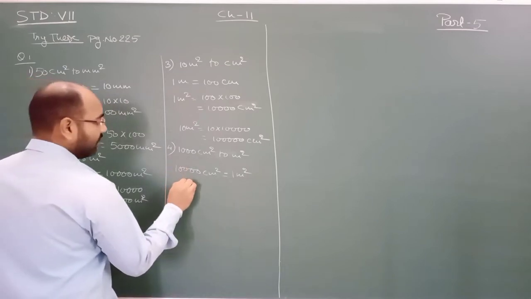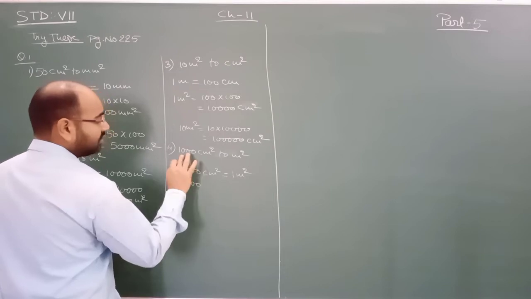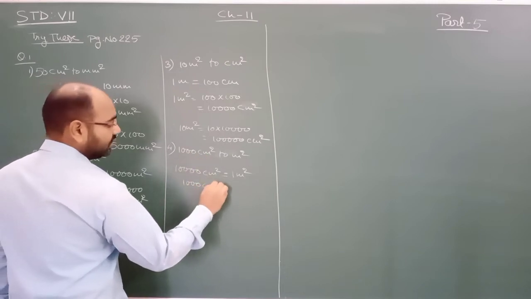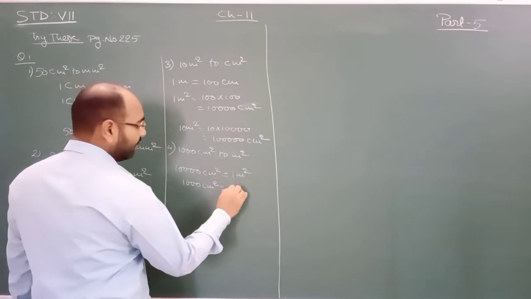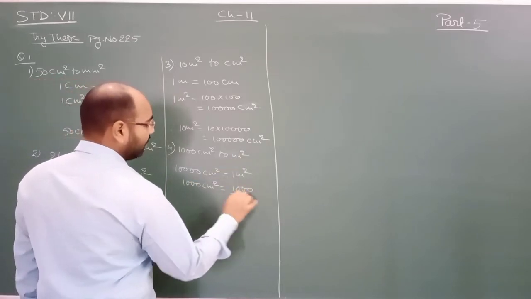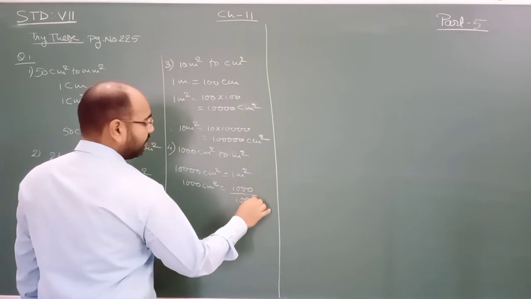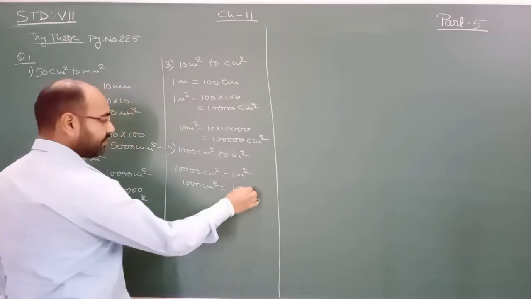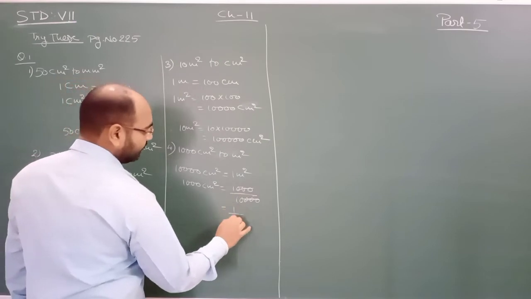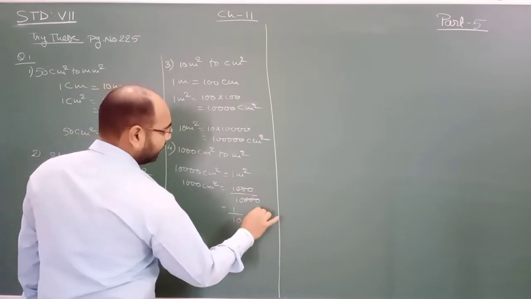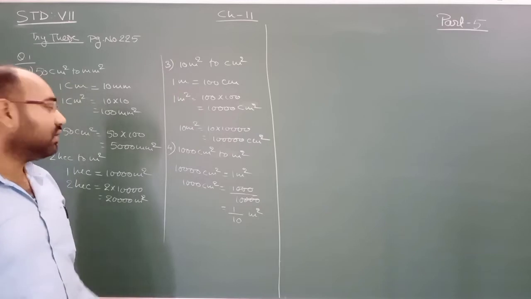So 1000, what is given in the question, centimeter square is equal to how much? So when we divide, 1000 will go upon 10,000. So 3 zeros will cut, it will come to 1 upon 10 meter square.